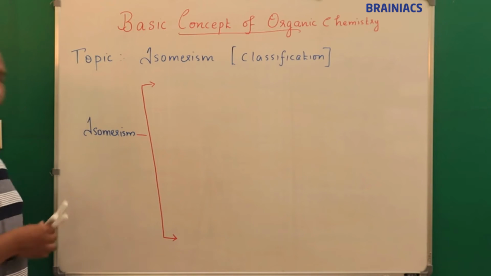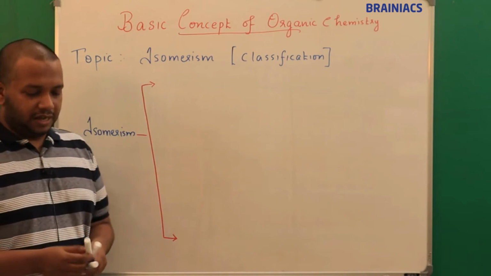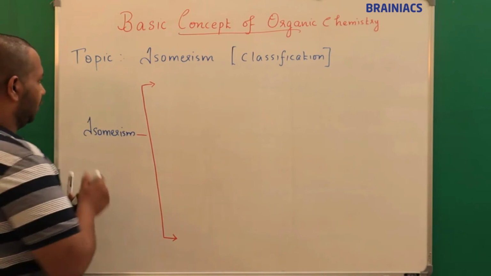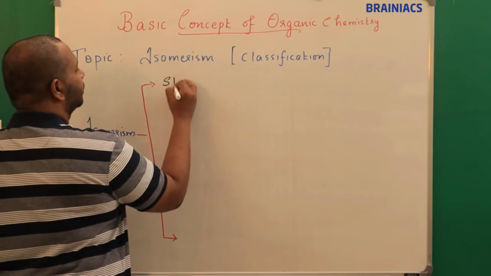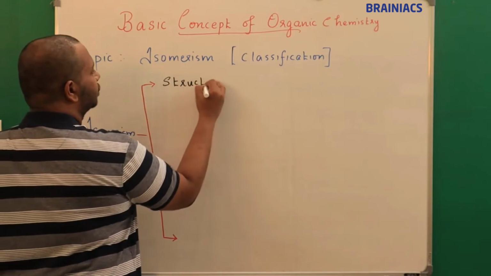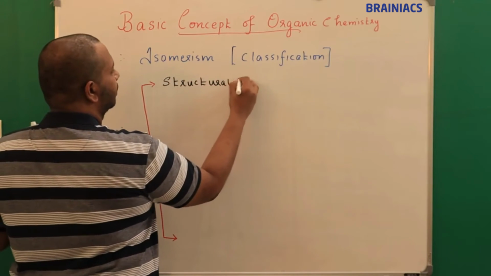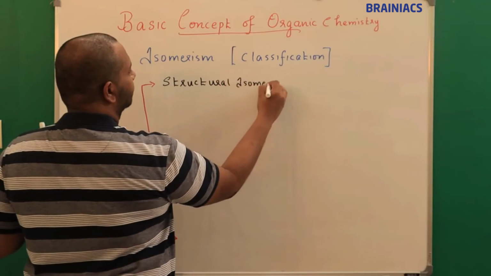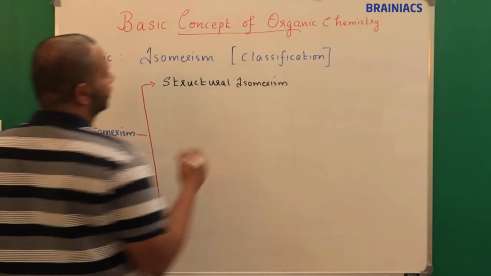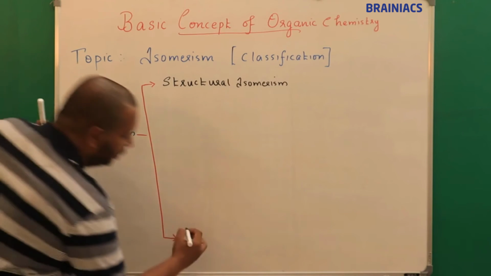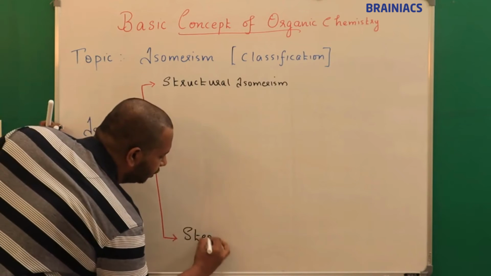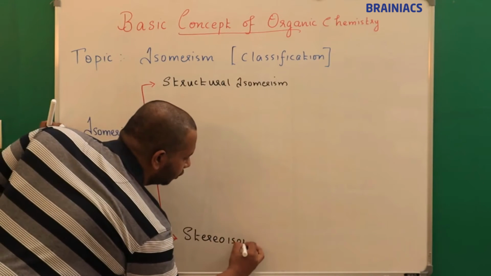What are the two broad classifications? One is called structural isomerism, and the other is called stereoisomerism.